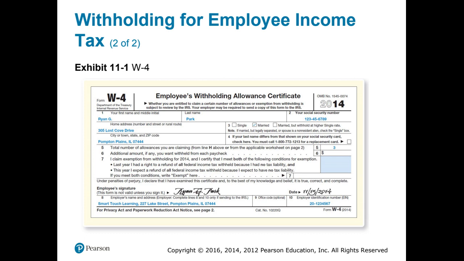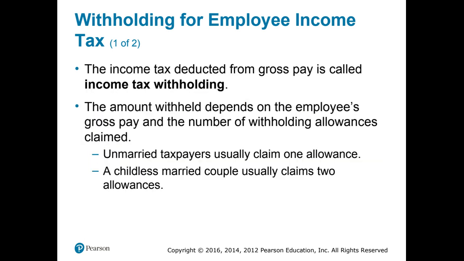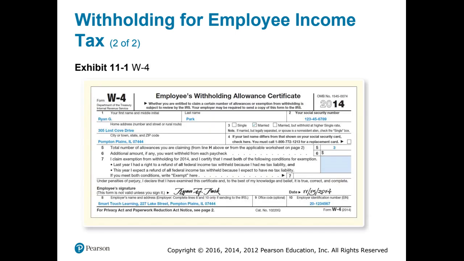In the prior slide, it states that unmarried taxpayers, one person, single, usually claims 1 allowance, and a married couple with no children usually claims 2 allowances, one for the person and one for their spouse, 2 people. So when we look at this withholding certificate, he said that he was married, so we know he's probably going to claim himself 1 and his spouse, so that's 2.